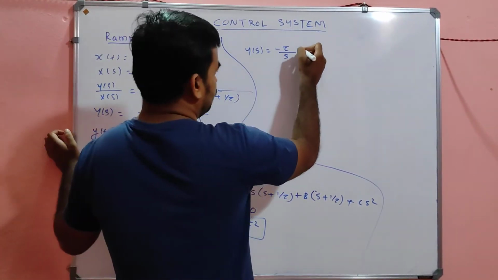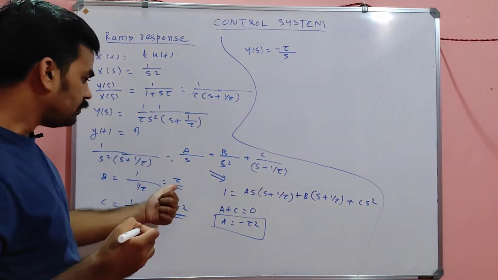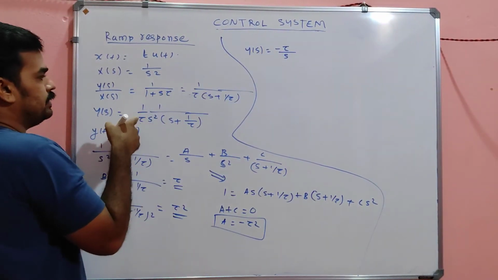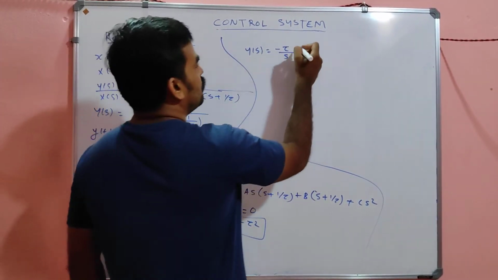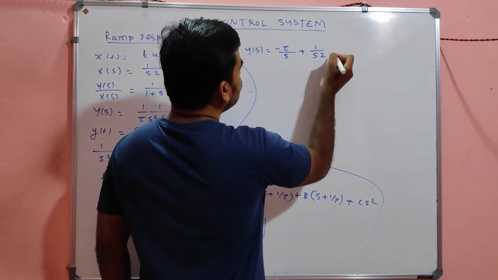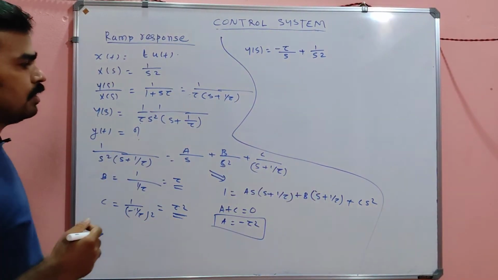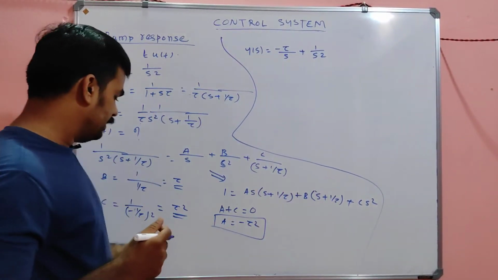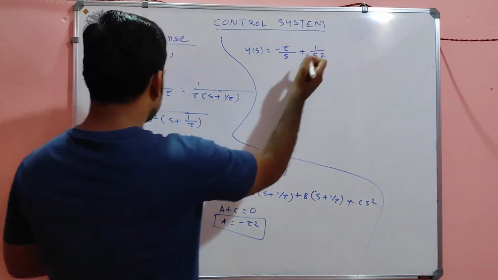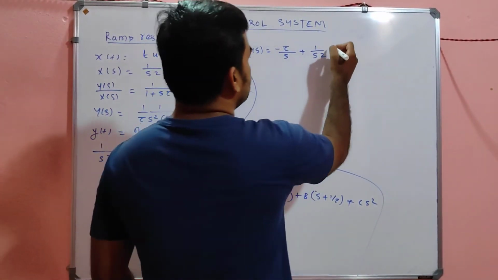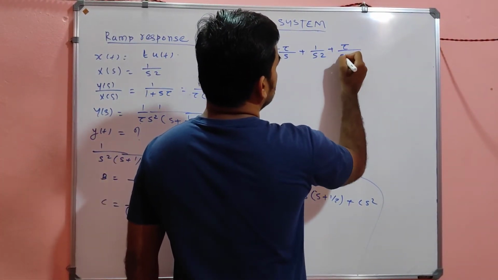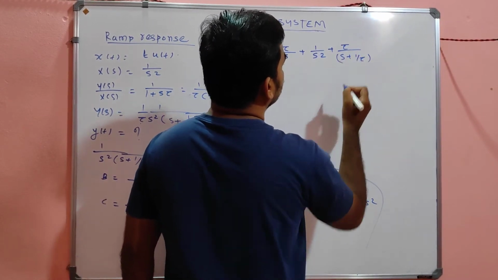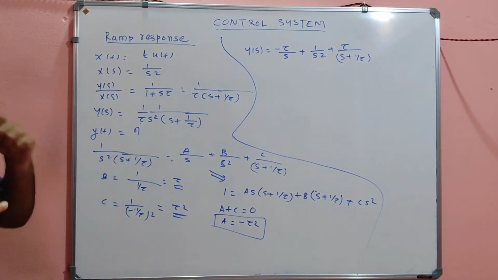Plus B by s square, B is plus tau, and this tau cancels the outside tau, so it becomes 1 by s square. Plus C, which is tau square, and with the outside tau it cancels to simply tau, tau by s plus 1 by tau. So this is that Y of s.